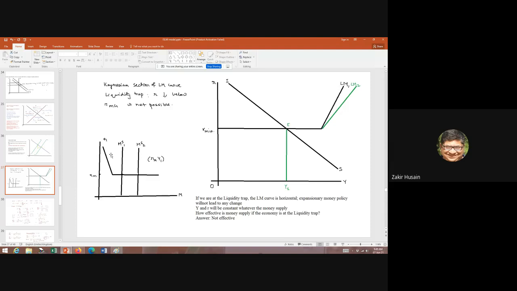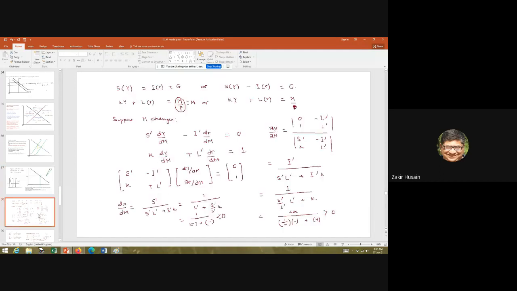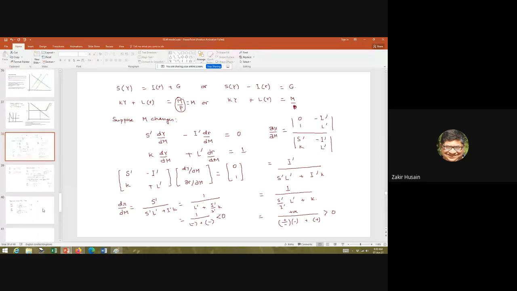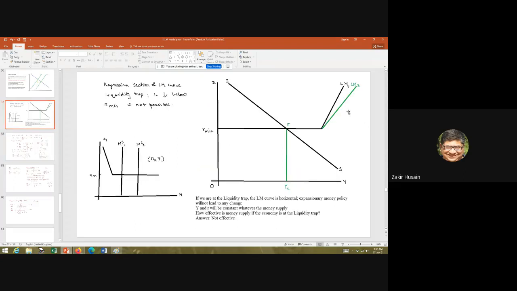On the other hand, if we look at the classical case, wait a minute, did I discuss the classical case? No, I did not discuss it, but again, you will see that the impact on income is much higher if we are on the classical portion of the LM curve.